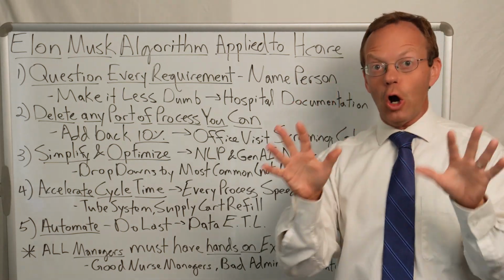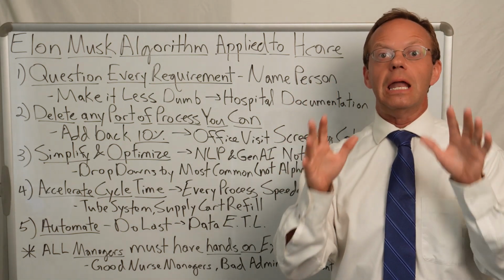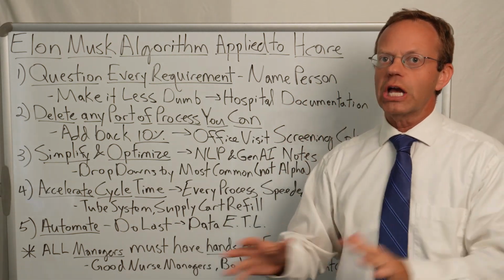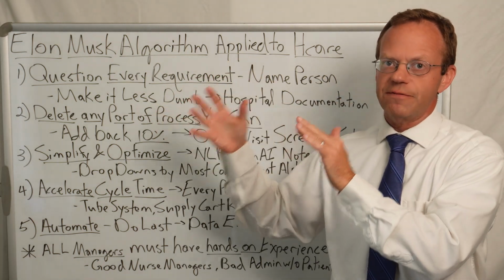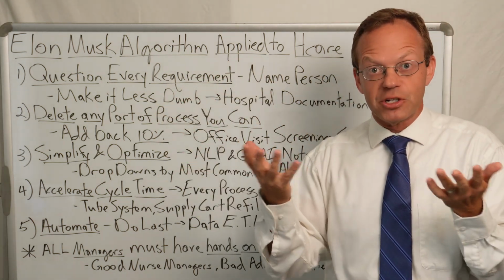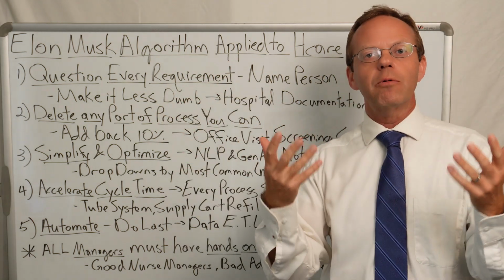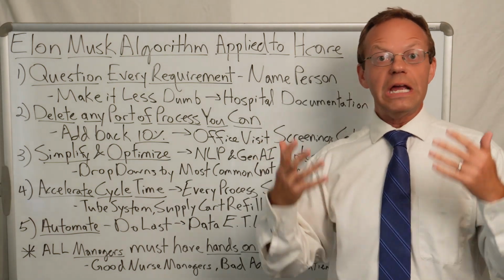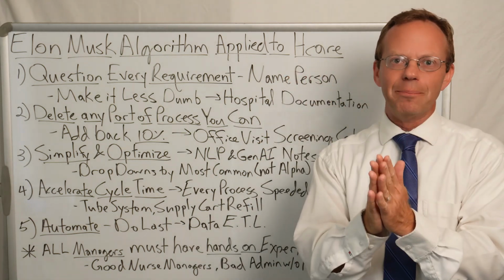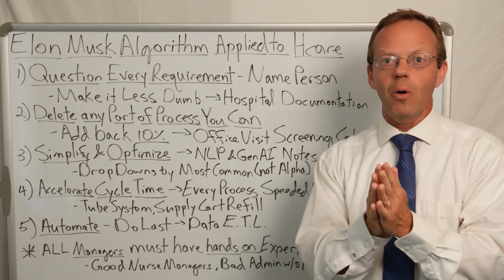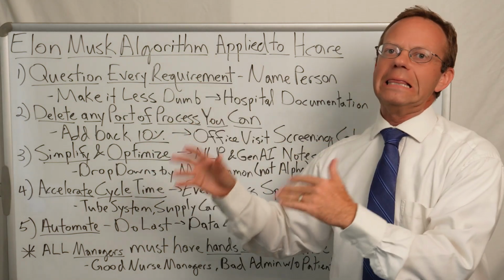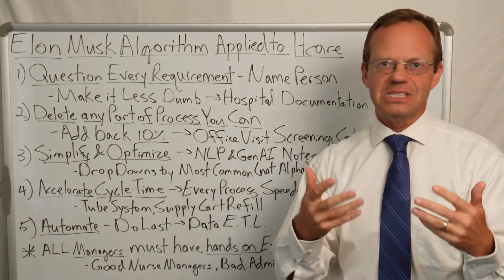So, regardless of your opinion of Elon Musk, let's take a look at his algorithm for effectively accomplishing a complex goal. I would argue in healthcare, we are trying to accomplish very complex goals. And so let's apply Elon Musk's algorithm specifically to healthcare.